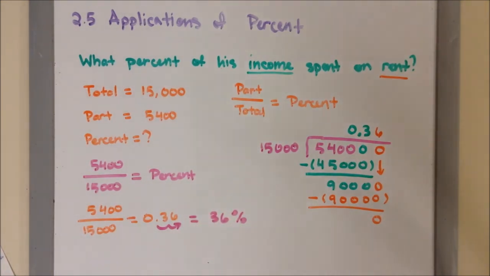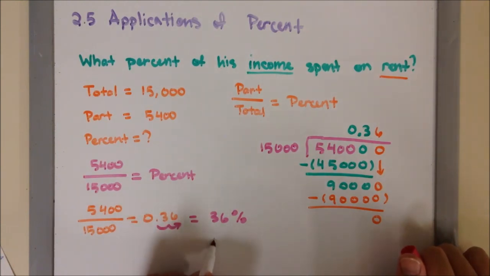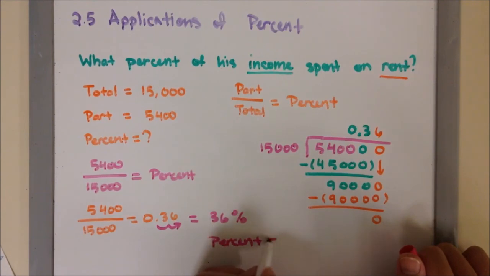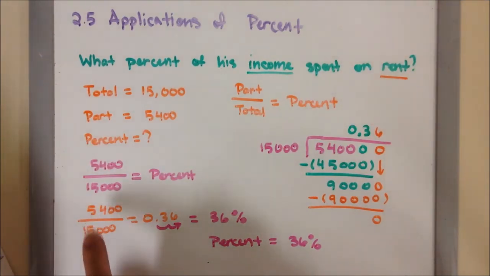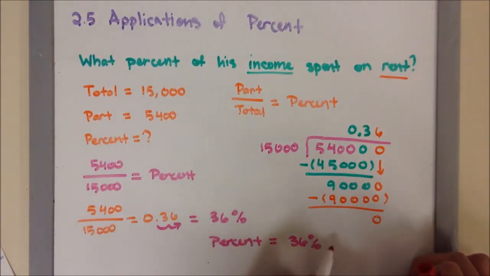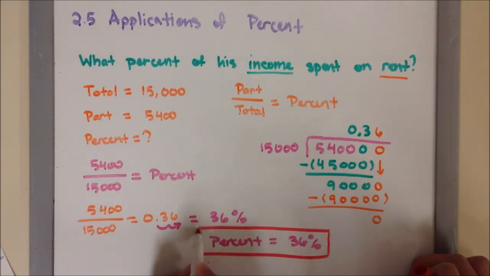When going either way, you move the decimal twice, depending on where you start and where you're going, left or right. Take note of that. My final answer, percent, is 36%. So 5,400 out of 15,000 is 36%. That's how much is spent on rent.